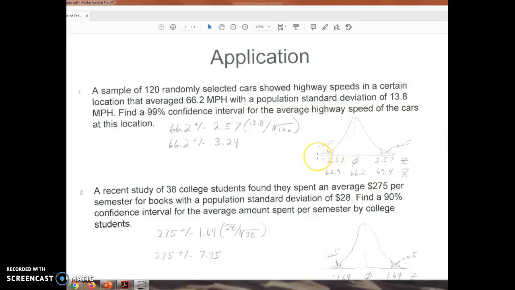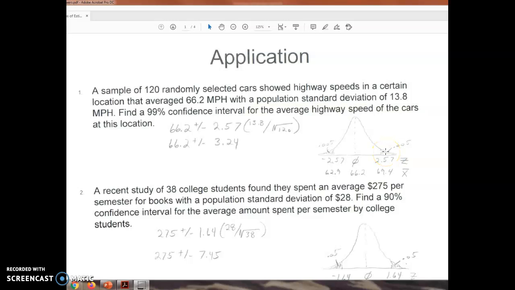You'll notice in our diagram here, if we're looking for a 99% confidence interval, that means we're going to have 1% alpha, right? Because the difference between 100% and our confidence interval is the alpha. And then that means we're going to have 0.5% in each of our tails here, right? 1% divided by 2, 1% divided by 2.